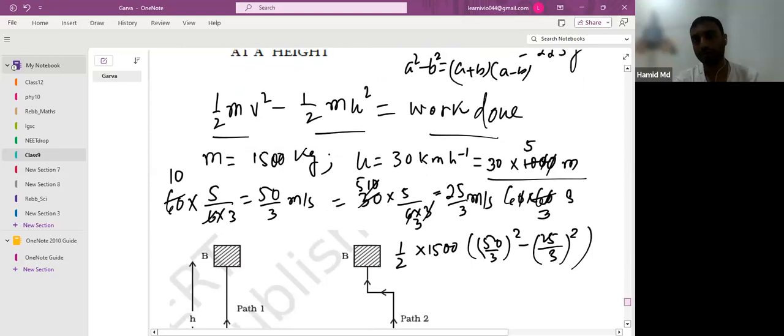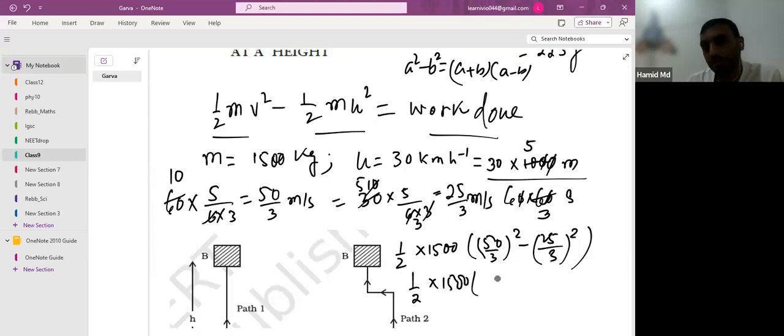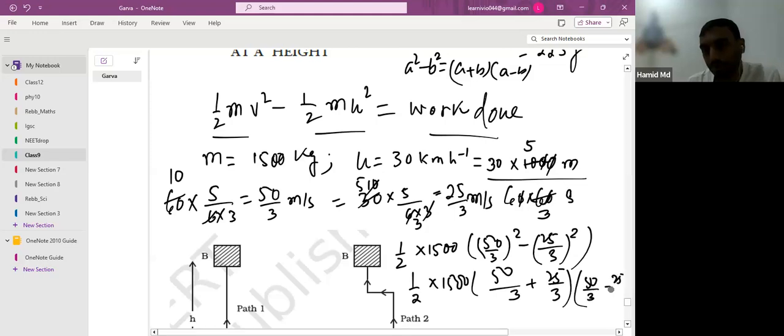Okay, take the note. Half of 1500 into 50 over 3 plus 25 over 3, then 50 over 3 minus 25 over 3. Now you solve this.